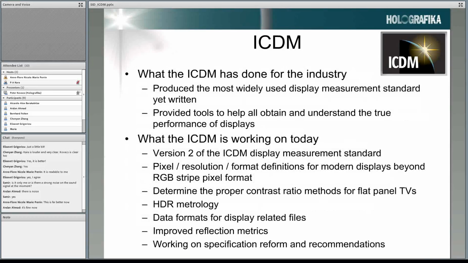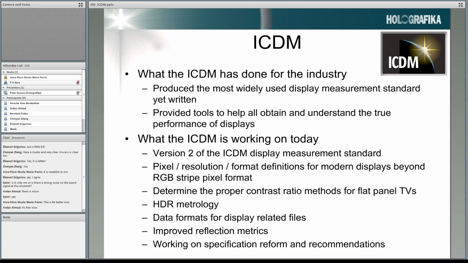So what the ICDM has done so far for the industry, basically produced the most widely used display measurement standard which was written to date, and also provided tools, so it's not just a standard, to obtain the performance metrics of different displays. And currently the ICDM is working on the next version of the standard, so they didn't stop because there are always new activities and new topics in the display field.